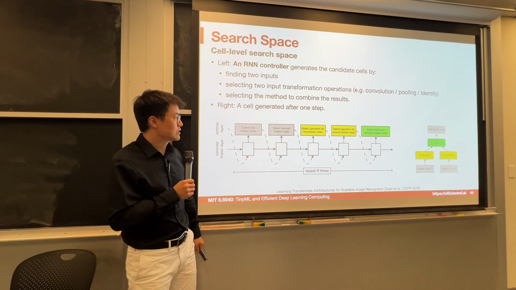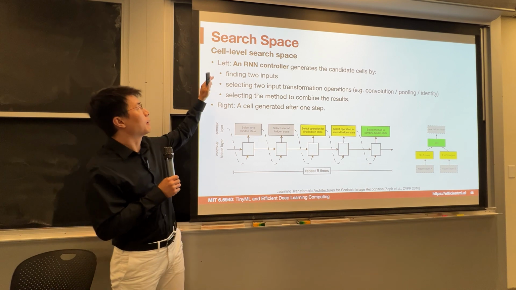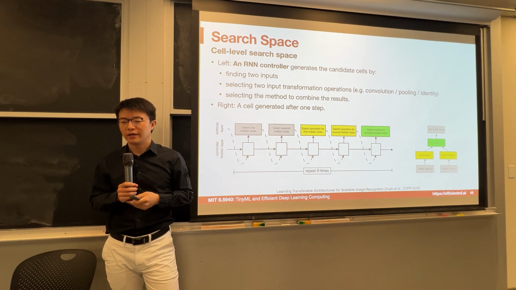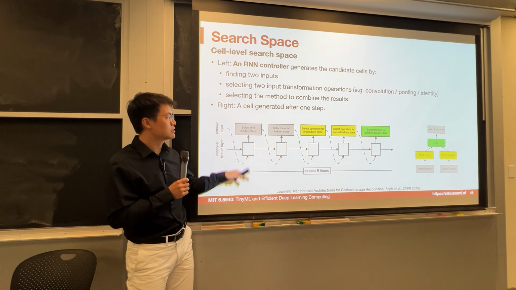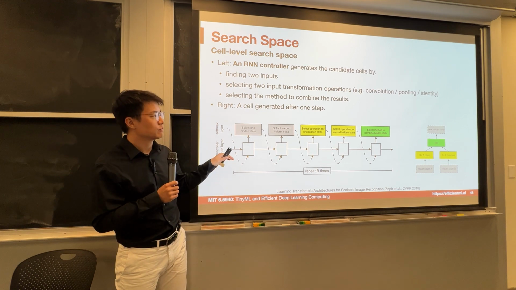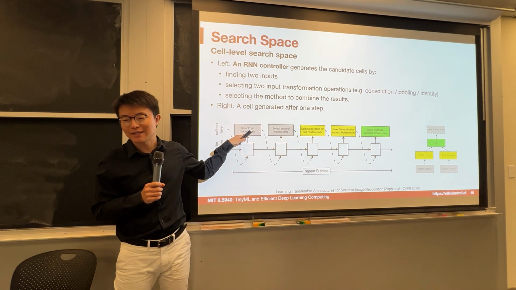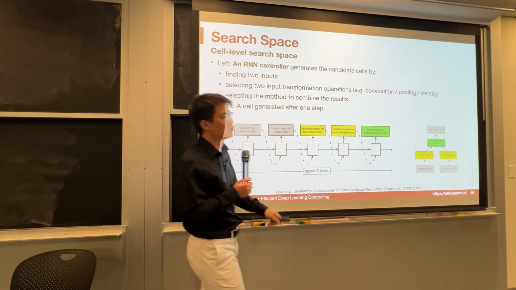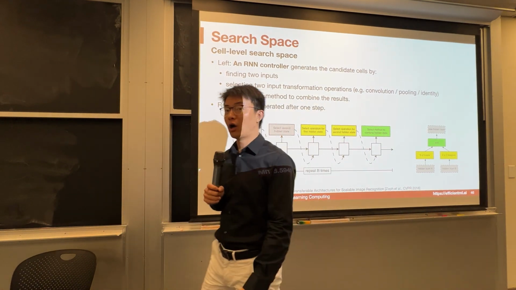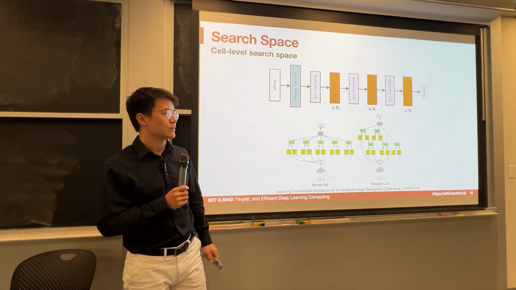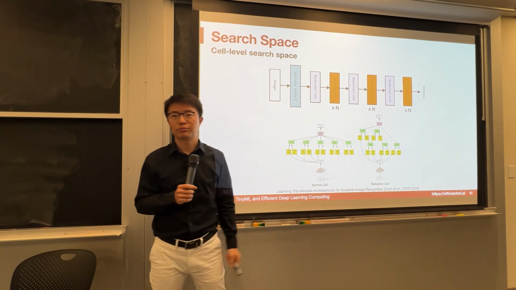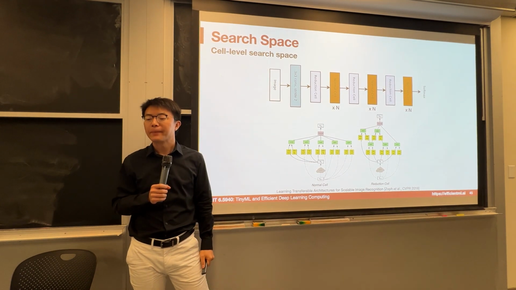So what it does is basically starting with several components. You have an RNN controller. At each time step, we emit several choices. The first choice is what is the first hidden state you are going to use, since one operator needs two operands, and what are those operands coming from? In this design, it can come from the previous layer or the layer before the previous layer.